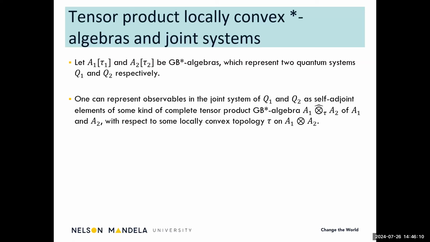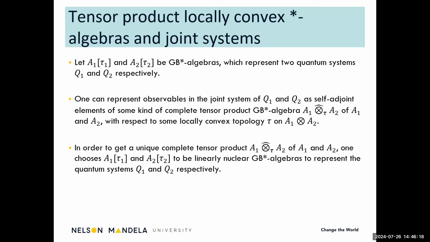So now we are doing things from a more abstract algebra point of view. In order to get a unique complete tensor product of A1 and A2, one usually chooses the algebras of the two quantum systems to be what are called linearly nuclear GB star algebras.